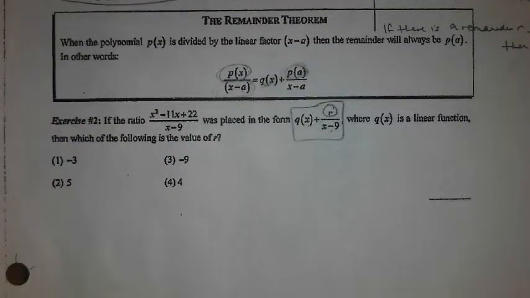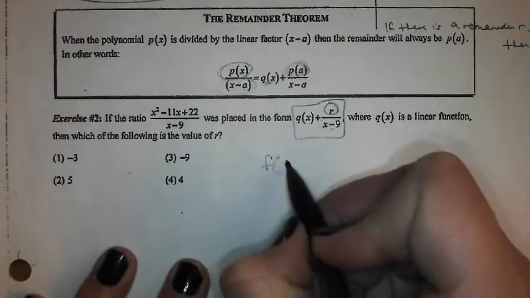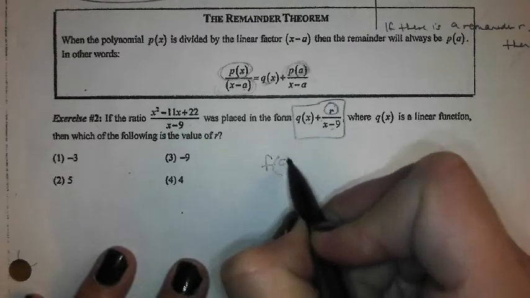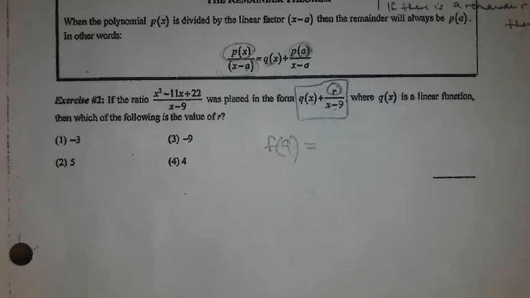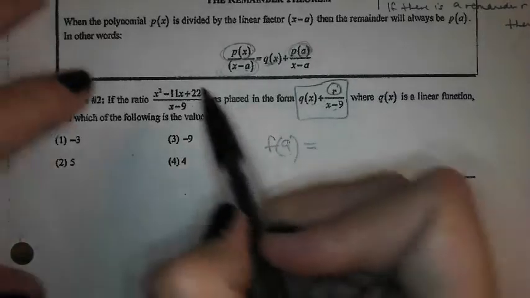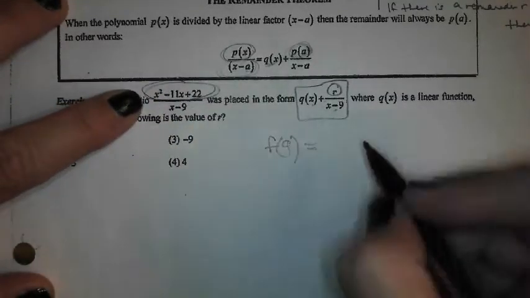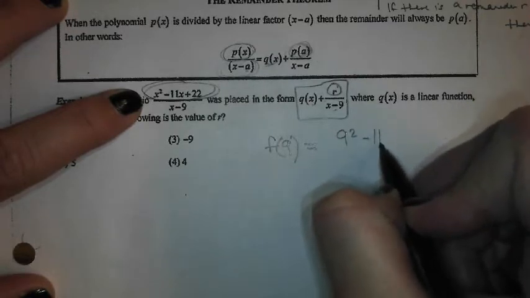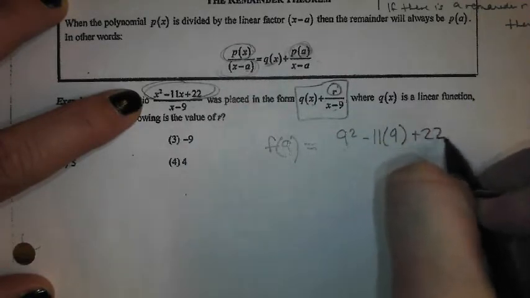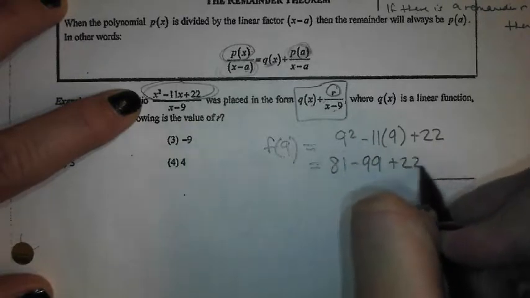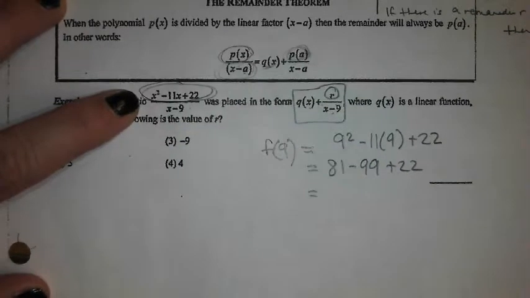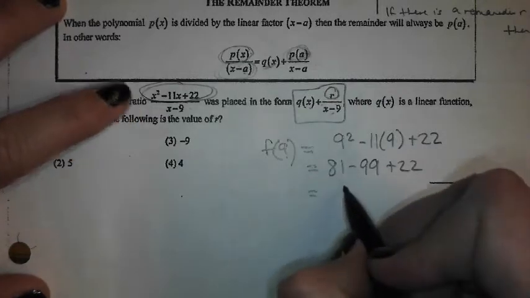We don't actually have to do long division to find out the remainder. We have to do f of what? 9. Very good, Maggie. Because the factor we're dividing by is x minus 9, we just have to do f of 9, and here's our function. So that's going to be 9 squared minus 11 times 9 plus 22. We get 81 minus 99 plus 22, which is 4.